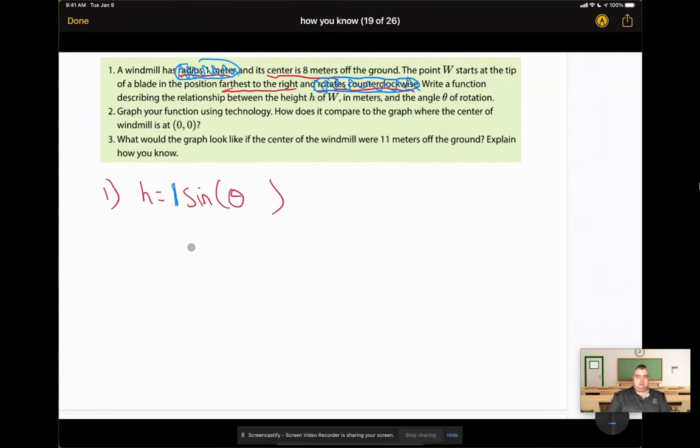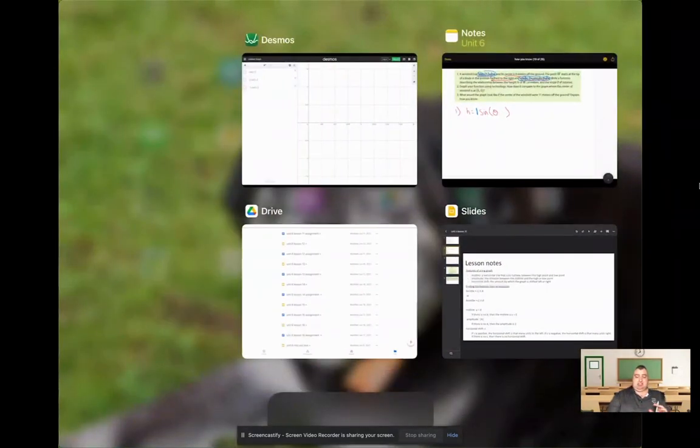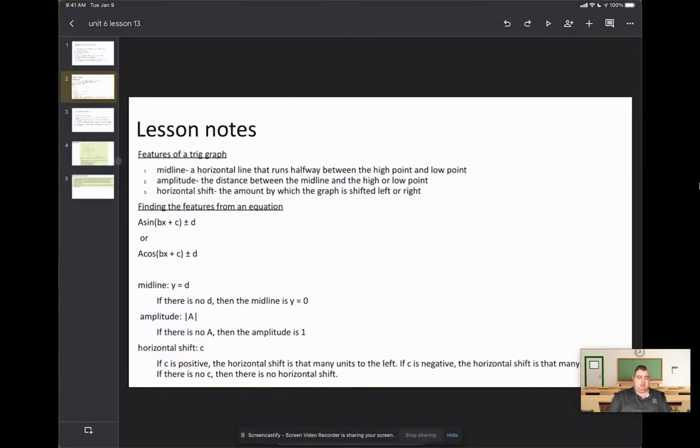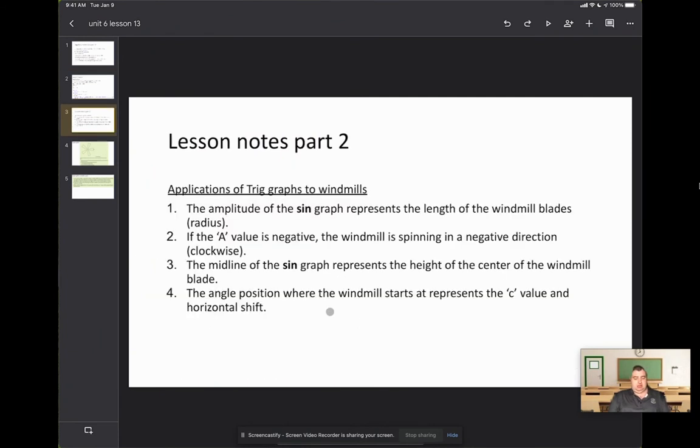Okay? The point W starts at the tip of a blade in the position farthest to the right. So farthest to the right would mean directly right of center, which means it's starting at the 0 degree or the 0 radian position. So the angle position where the windmill starts, in this case 0, represents the C value.